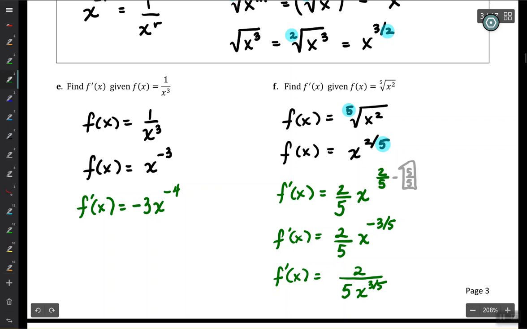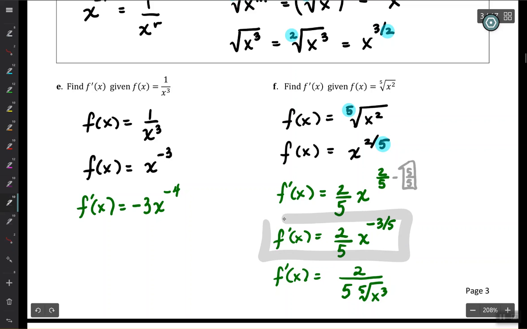If you want to rewrite that 3/5 power as a root, that'll be the 5th root of x cubed. That's all fine and dandy. I'm happy with either. Okay?